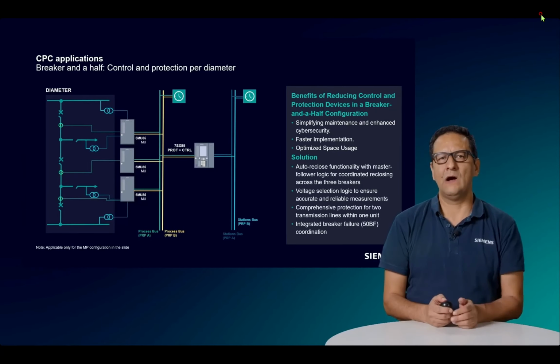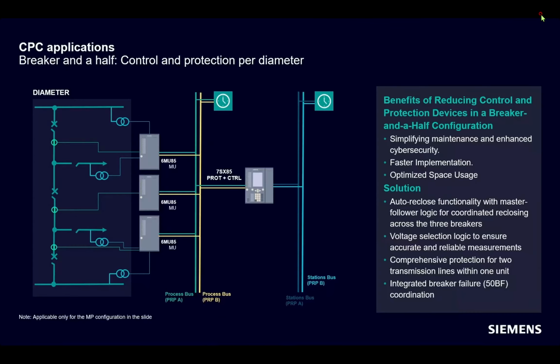Now, how does the Siemens solution work? It works with IEC 61850 and sample values, making it ready for digital substations and smart grids. We use one central device, 7SX85, that receives sample values coming from the merging unit in each bay. This device includes full protection for 2 transmission lines in one unit, with 87L line differential protection and 21 distance protection per line.